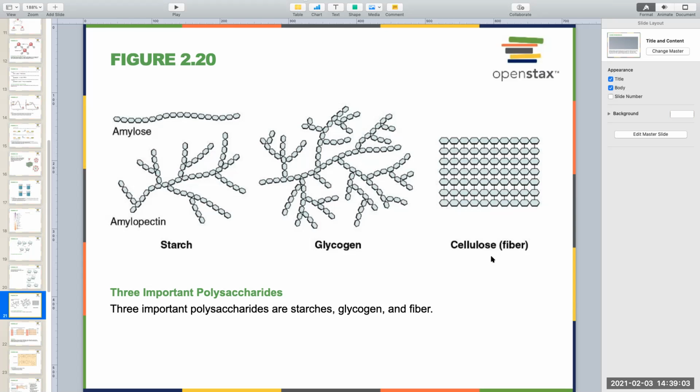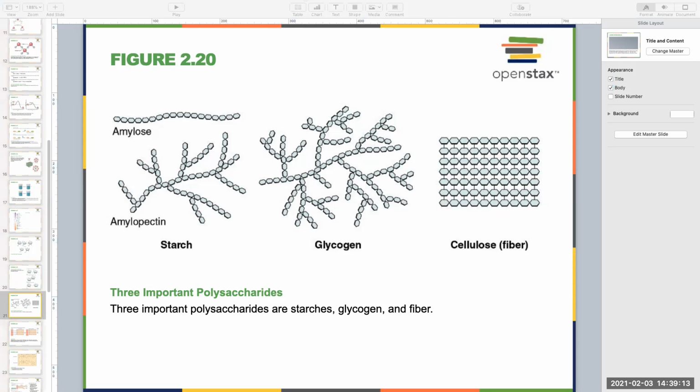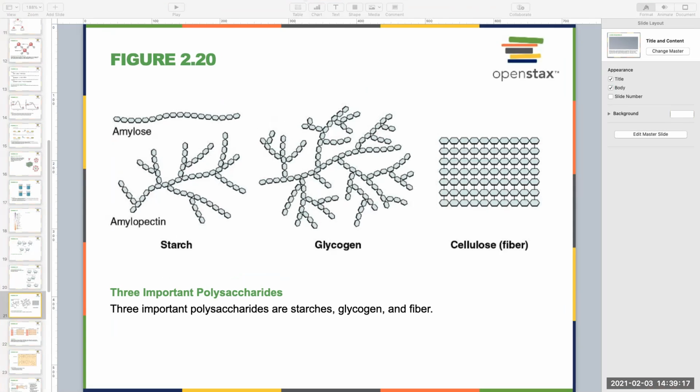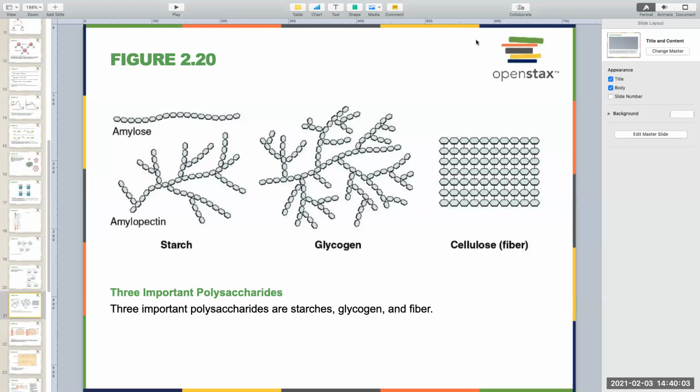Cellulose is great for us. Okay, so cellulose is how the plants keep their shape.